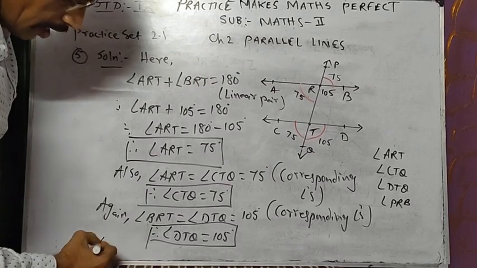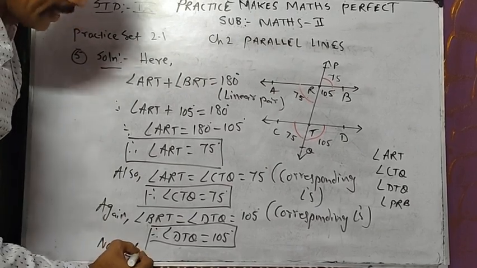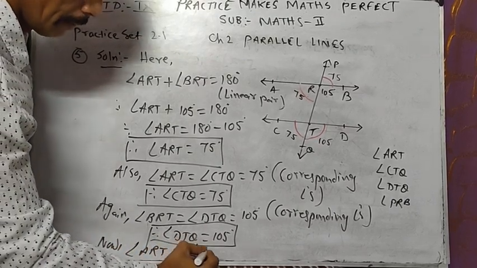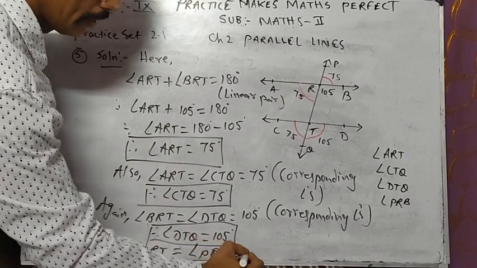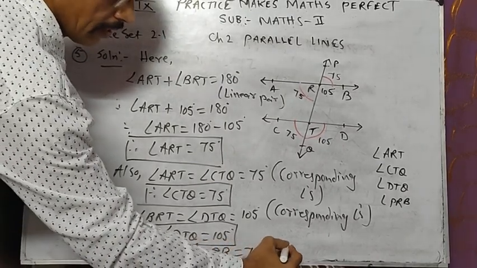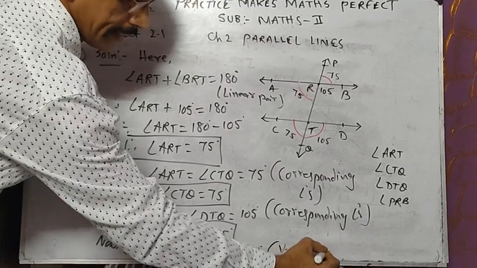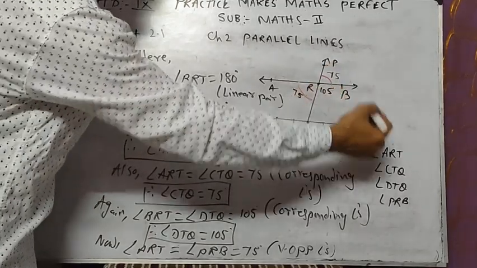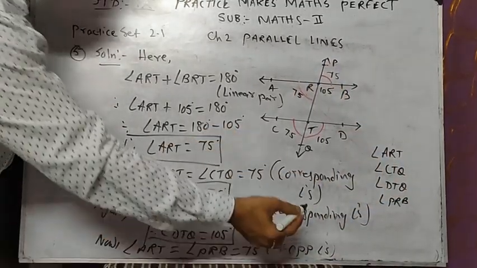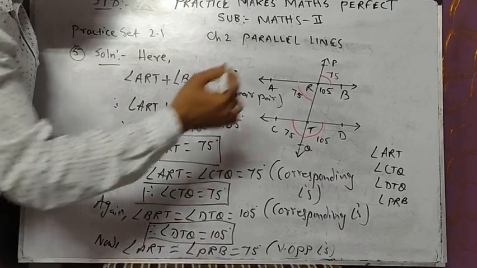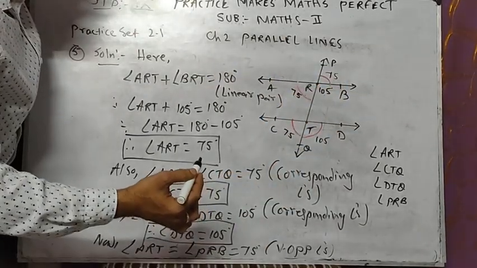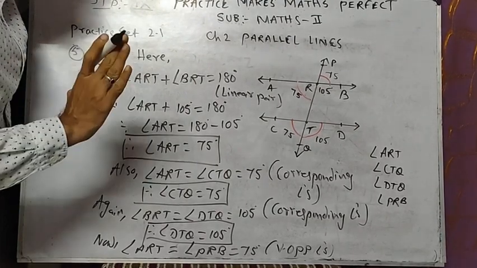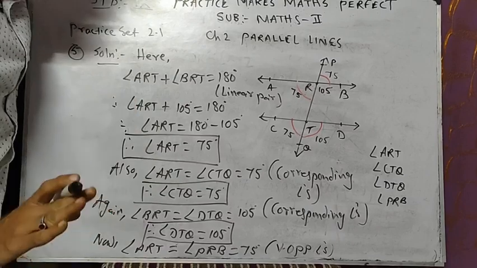Now angle ART is equal to angle PRB is equal to 75 degree, vertically opposite angles, and therefore you will get angle PRB is equal to 75. So the last step you have to write, you have to show this separately. Now we have completed this sum. Sum number 5 of practice set 2.1 is completed.